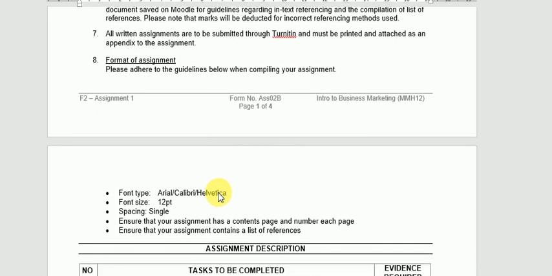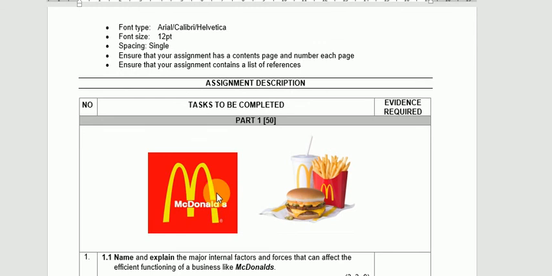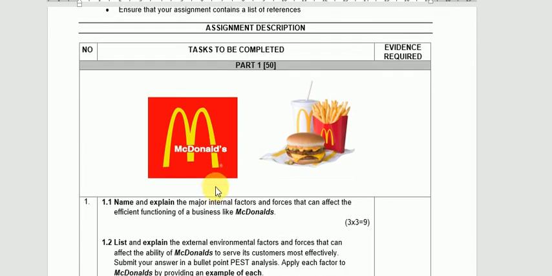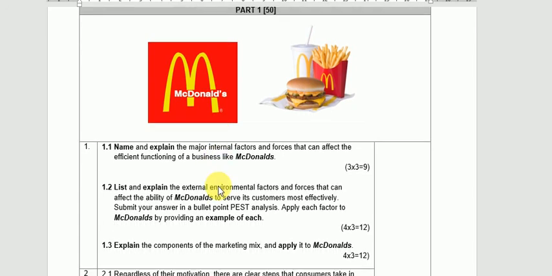Right, let's get to the assignment itself. Part A specifically deals with the company that's very familiar to you, and that is McDonald's. For question 1, which you will definitely be able to do once we've completed this week's lectures in chapter 2, you have to name and explain the major internal factors and forces that can affect the efficient functioning of a business like McDonald's.